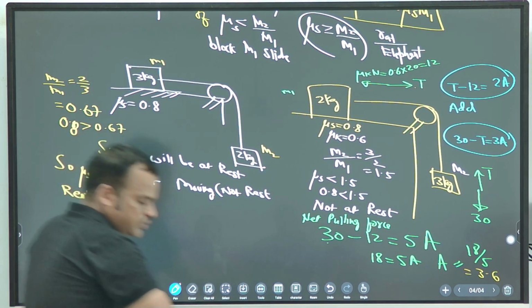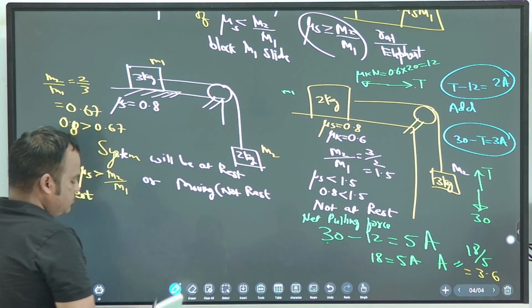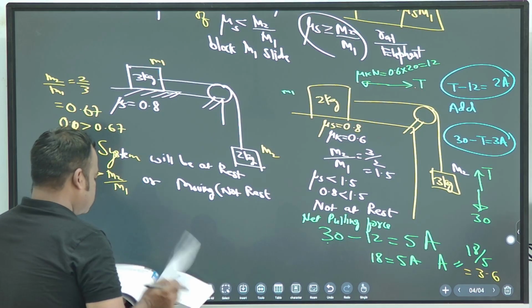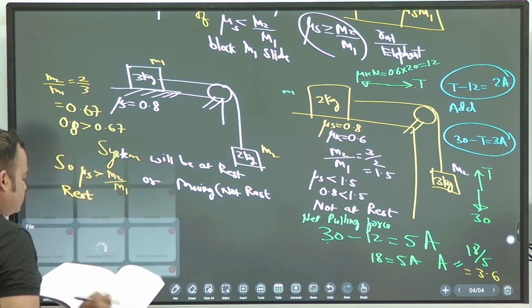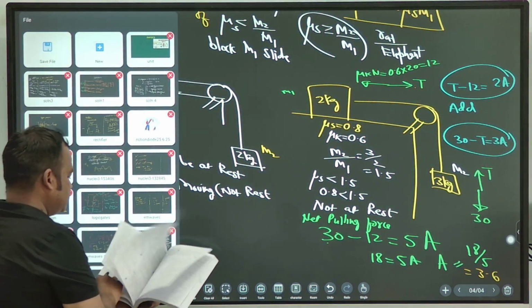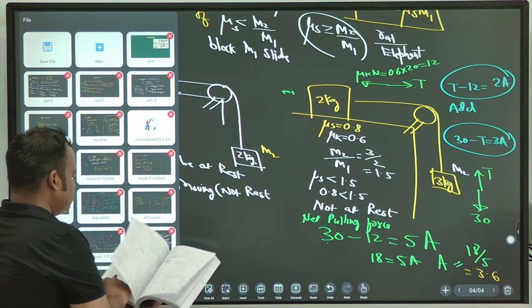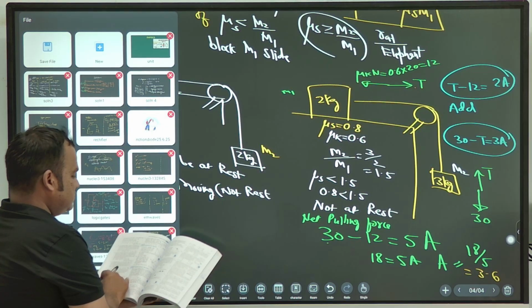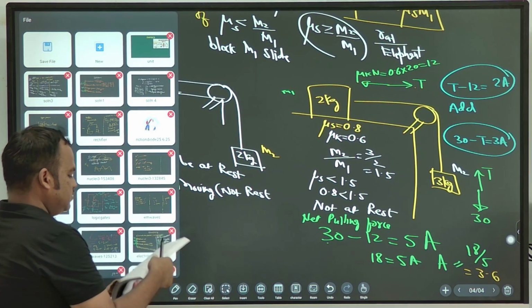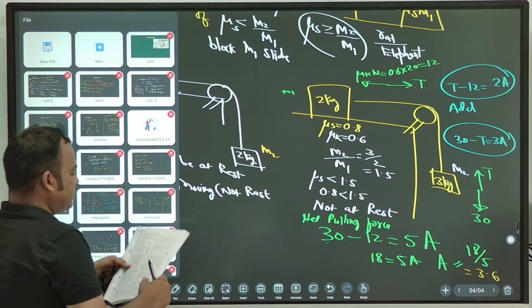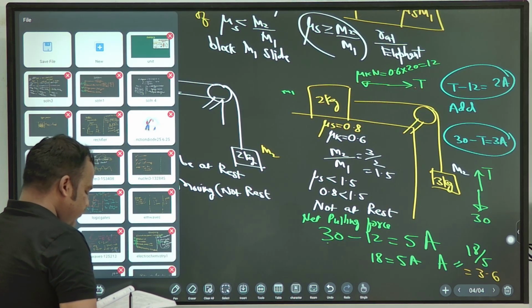So it is there in your MCQ also. This one, page 29, question 50.